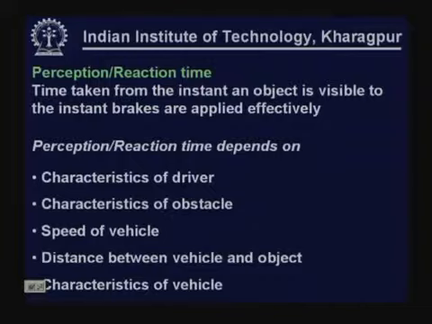From your logical mind, you can understand that this time depends on several factors. For example, characteristics of driver, what is his age, what is the mental alertness. Similarly, the characteristics of obstacle, whether it is a moving object or a stationary object. Third, speed of vehicle, driver's alertness also depends on speed of the vehicle.